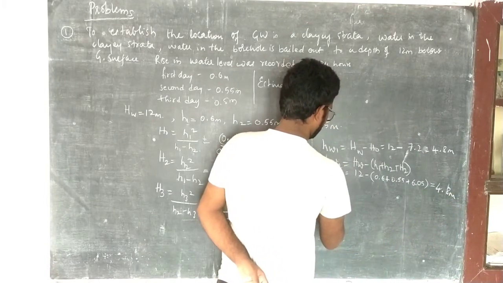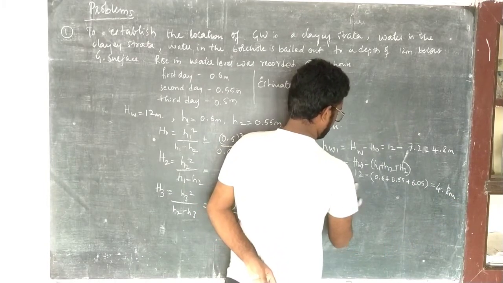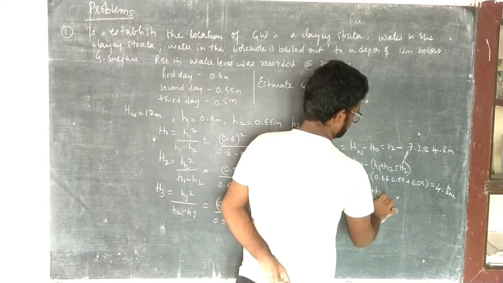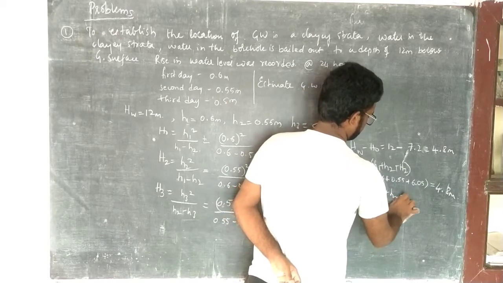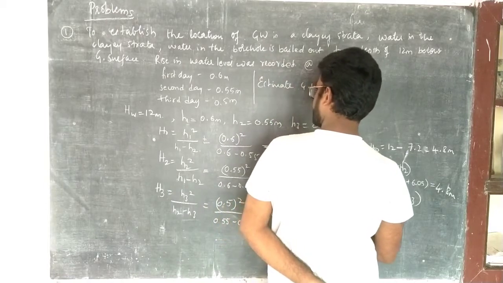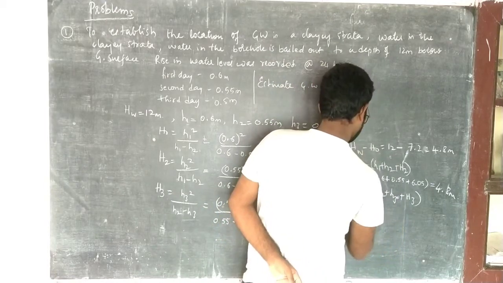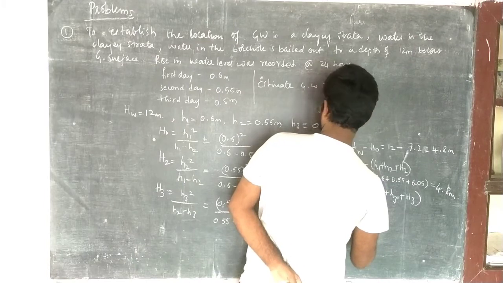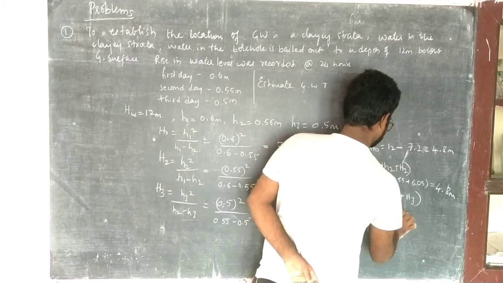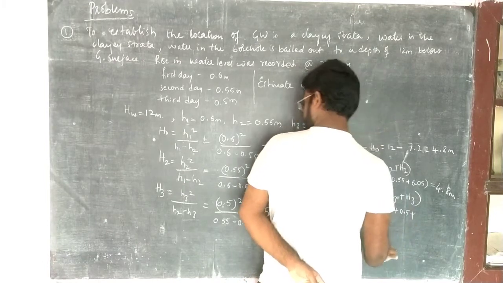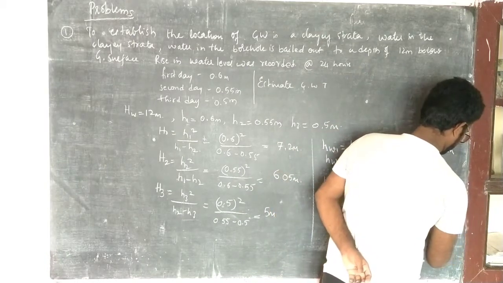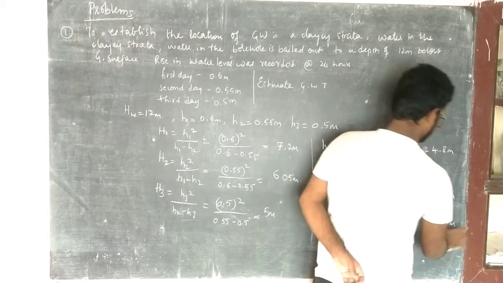Now HW3 is equal to HW minus h1 plus h2 plus h3 plus capital H3. So HW is 12 meter minus h1 is 0.6, h2 is 0.55, plus h3 is 0.5 plus capital H3 is 5 meter. So if you calculate this, the answer is 5.35 meter.